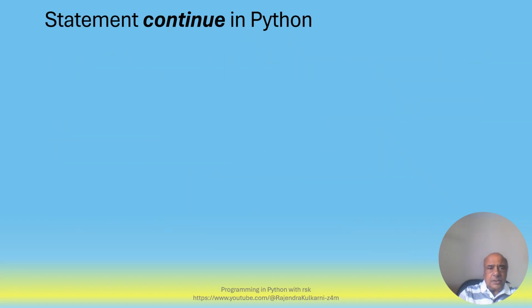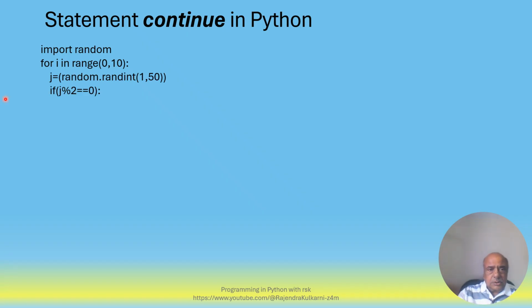Similarly, there is a continue keyword in Python which is also used in loops. We will see how it works. For i in range 0 to 10, j is equal to random.randint(1, 50).